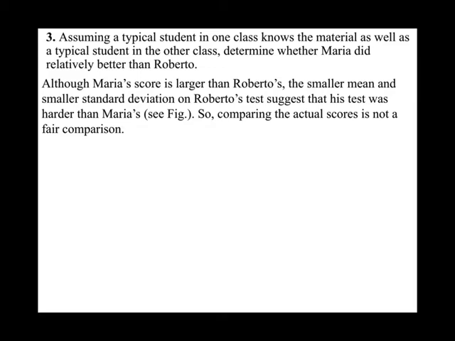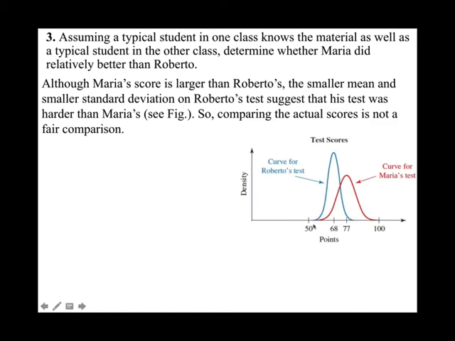So we could look at the curve though. This is Roberto's test. His test's sample mean is 68 points, and the standard deviation is about 4. But for Maria's test, the sample mean is 77, so you can see the curve is moved to the right.